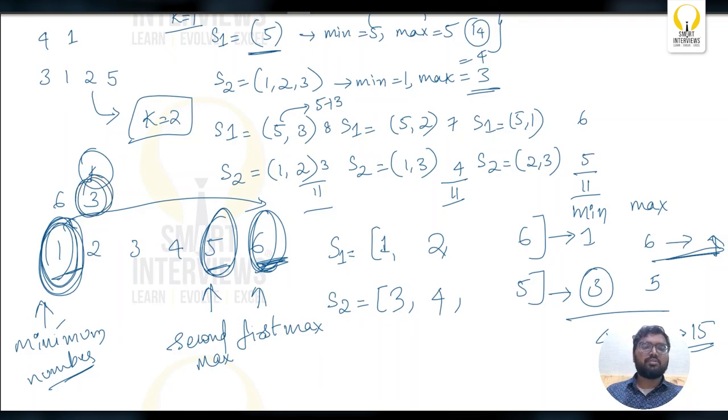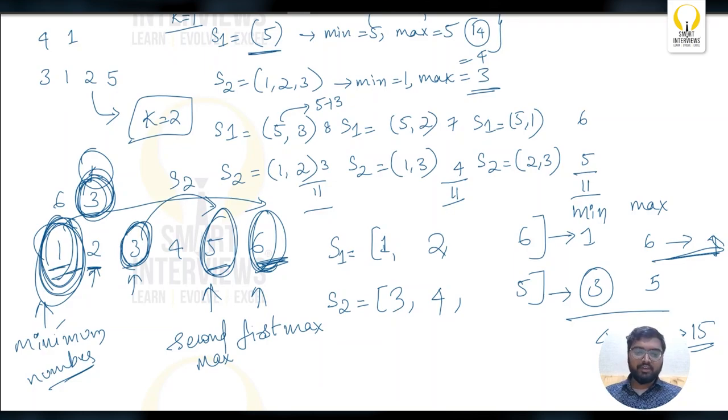Here 3, right? So somehow you have to place the next smallest number in one subset, which has the 1 included, so that the kth smallest, or we can say the k smallest number there, that number we are going to include in the other subset which is not having the minimum number.